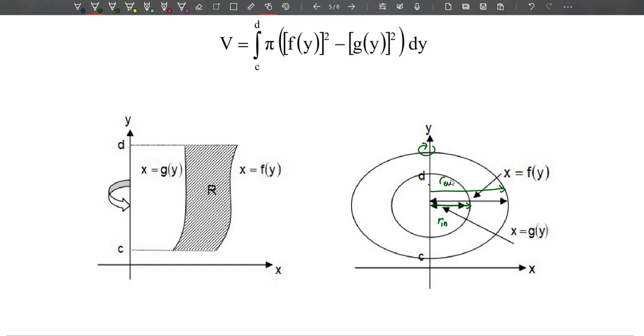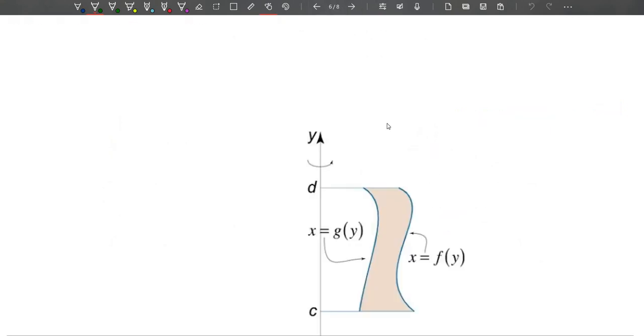Since R is horizontal, V would be equal to the integral of pi times something, with respect to y. This should be the value of y1 and here y2, and the functions should be in terms of y.